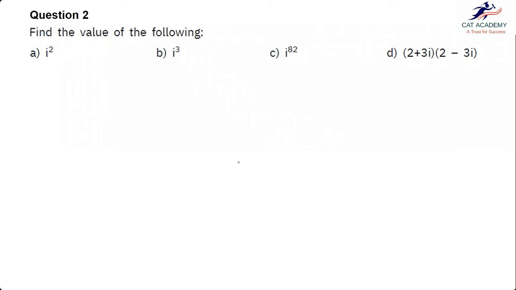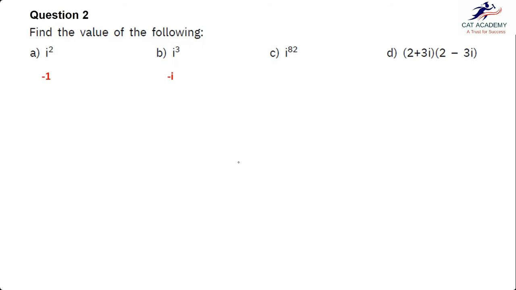So let's see. i square is minus 1, i cube is minus i, i raised to 82 will be minus 1 because it's a cycle of 4. Closest multiple is 80. So 2 after 80, that means i, minus 1, minus i, 1, that is 80. Then 2 after that.